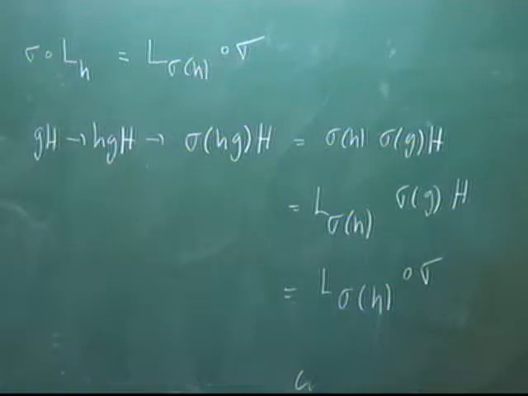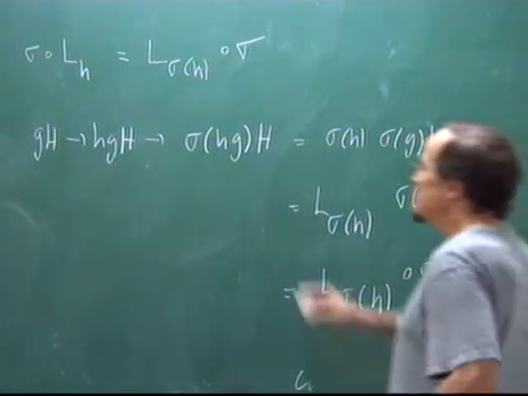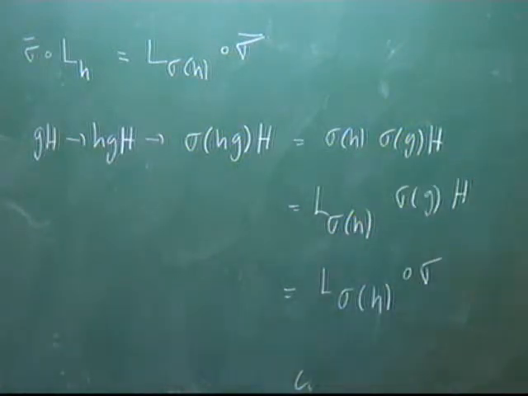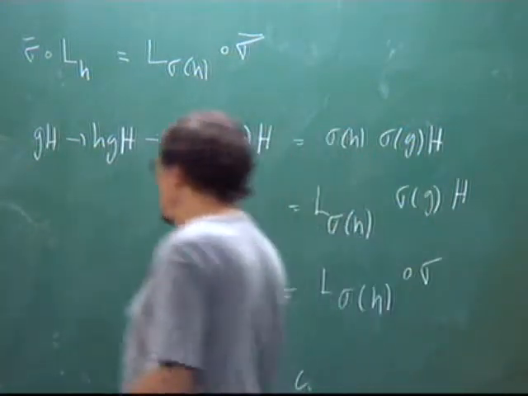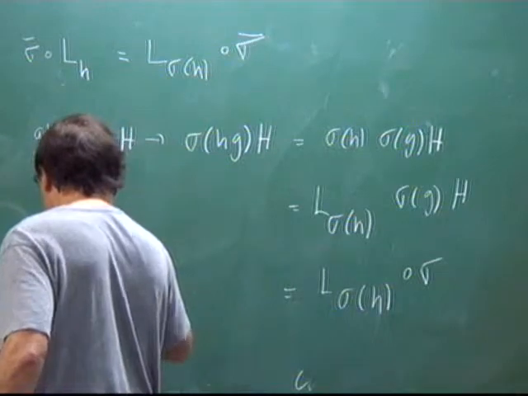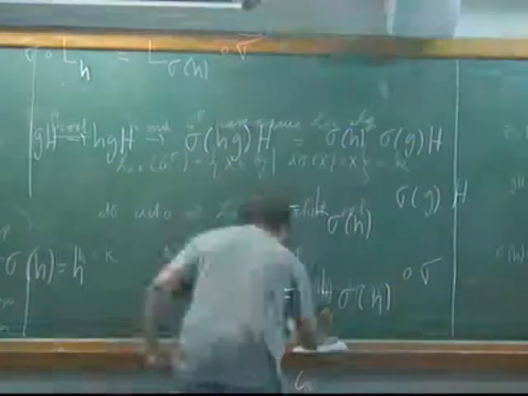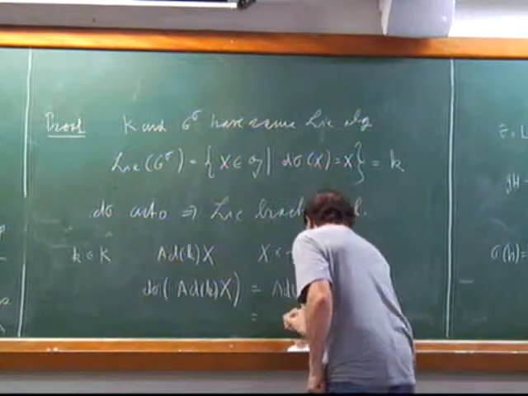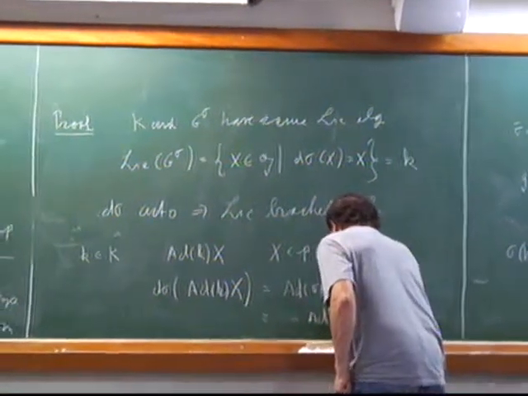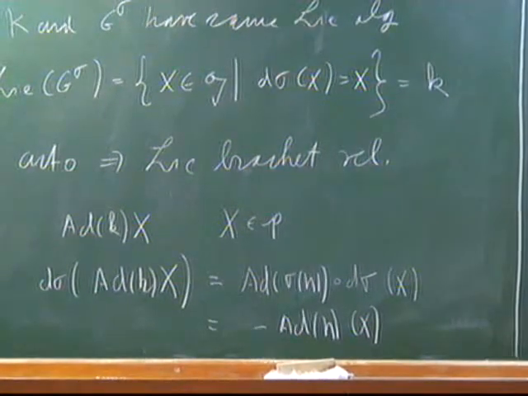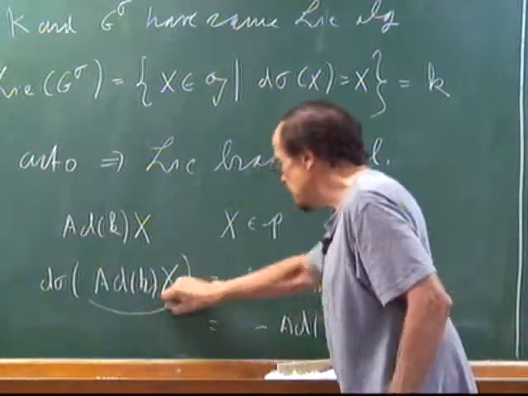Okay. Of course, to be more precise, this is really sigma bar, the induced automorphism on the symmetric space. Now differentiate. I use that sigma H is equal to H. H was a fixed point set, so it becomes equal to H. And d sigma X is minus X, so it becomes minus Ad H applied to X. So X was in the minus 1 eigenspace, so again, this lies in that minus 1 eigenspace.